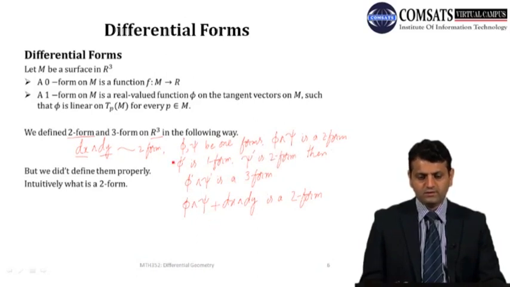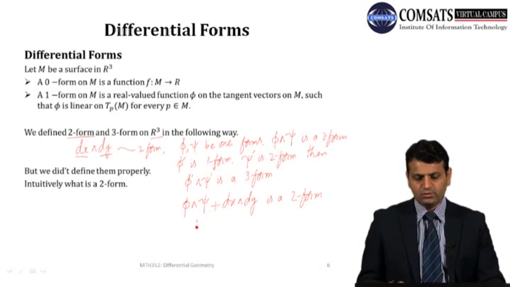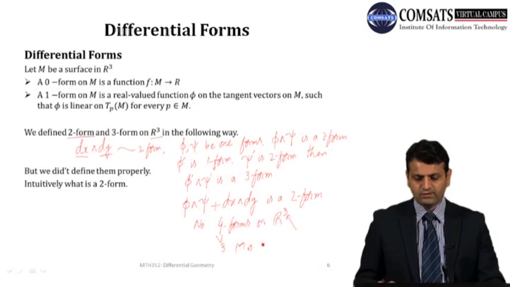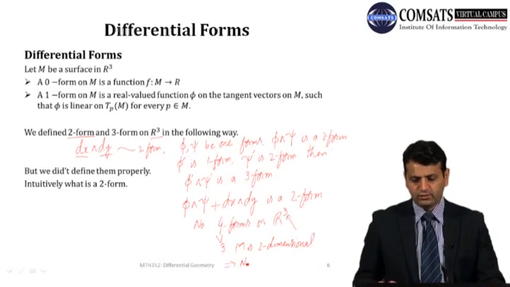थ्री फॉर्म्स तो R3 में डिफाइन कर सकते हैं, लेकिन no four forms on R3, क्योंकि जो R3 की डायमेंशन है वो 3 है और 4 is bigger than 3, so there will be no four forms. सो यहाँ से हम ये भी देख सकते हैं क्योंकि सरफेस हमारे पास M is two dimensional. So if this is two dimensional then this implies that no three forms, क्योंकि इसमें जितनी भी थ्री फॉर्म्स होंगी वो ज़ीरो हो जाएंगी.